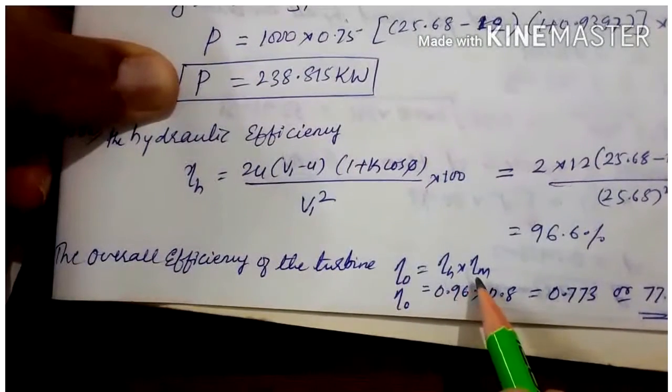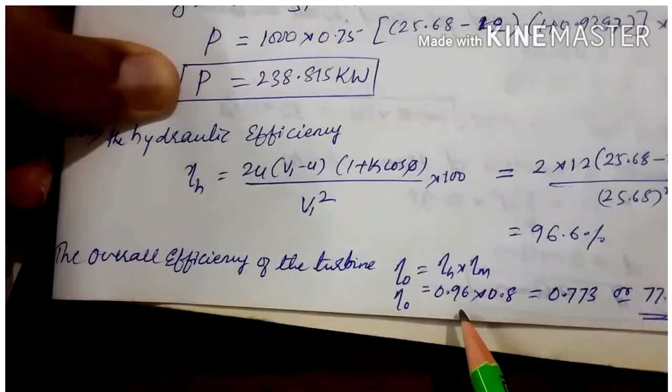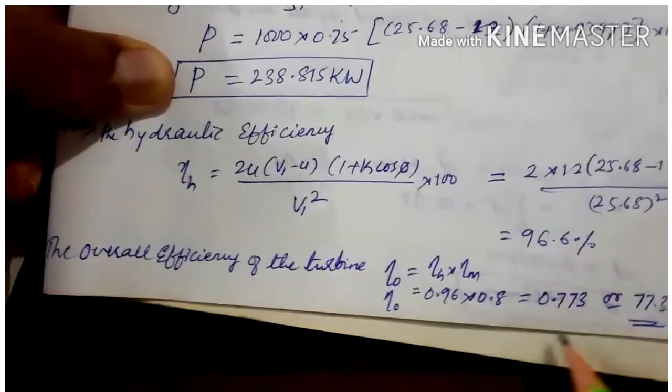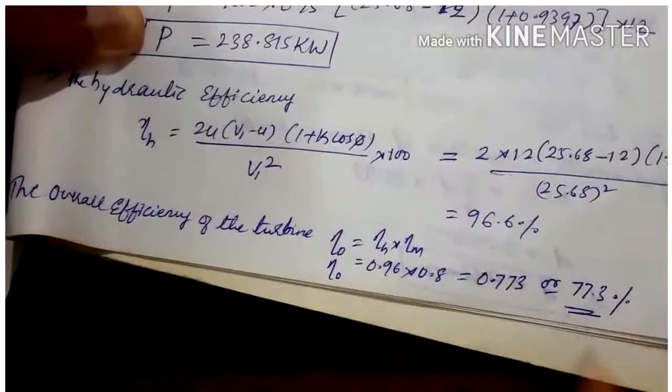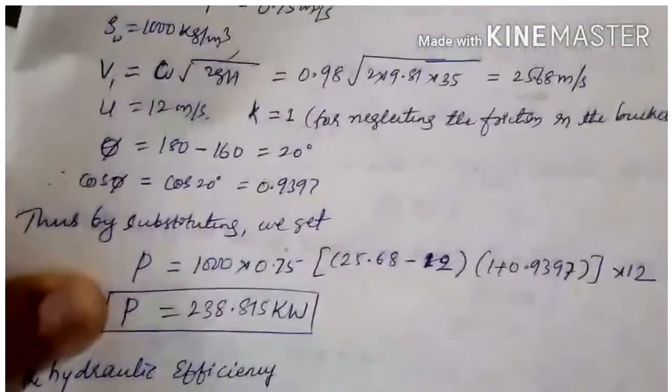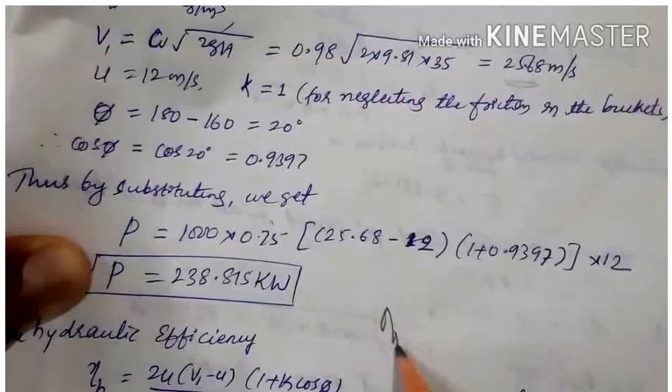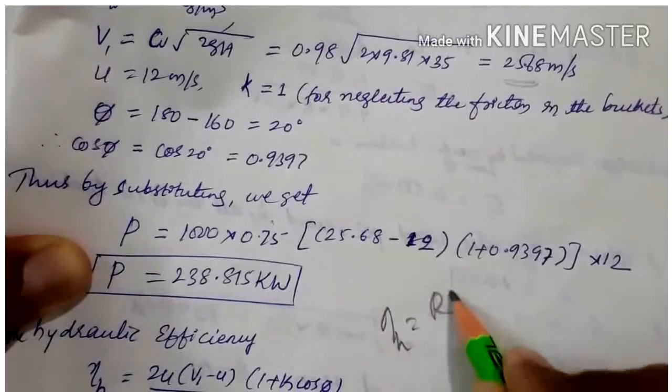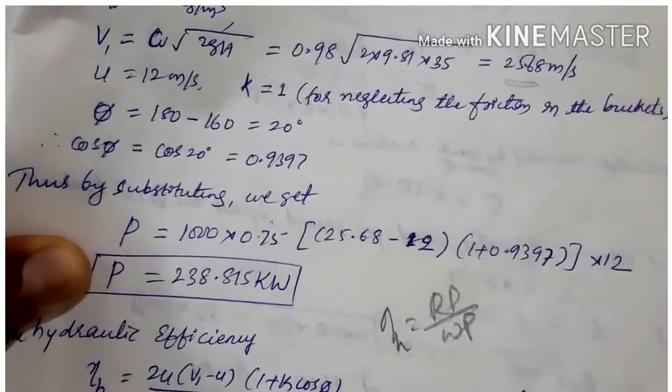Then the overall efficiency of the turbine, as we know, will be hydraulic efficiency into mechanical efficiency. Hydraulic efficiency we got as 0.966, into 0.8, we get overall efficiency 77.3%. As I said, the hydraulic efficiency can also be calculated by using runner power by water power.